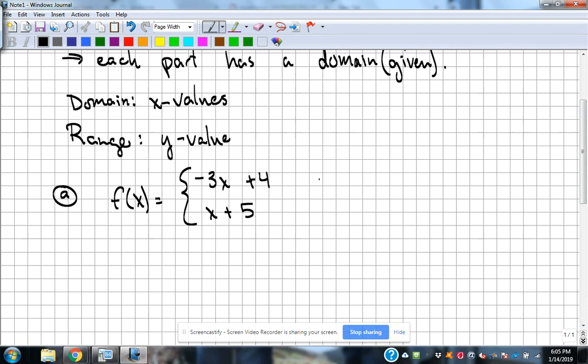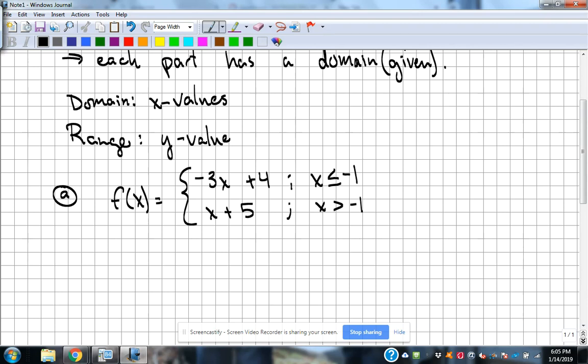Depending on what mood the book happens to be in, they could write a comma or a semicolon or the word "if" there, but I usually will just do a semicolon and then write the domain. X is less than or equal to -1. And then the second one has a domain for it. It picks up and says x is greater than -1.